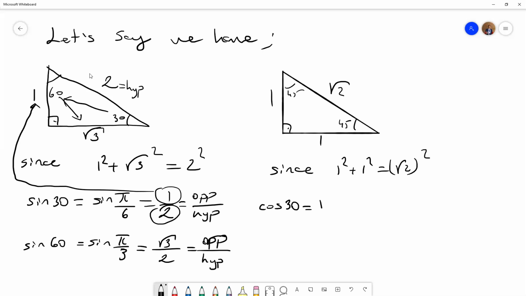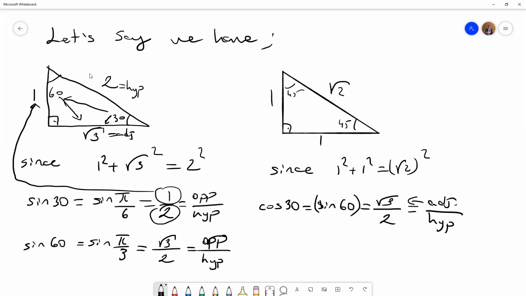It's again like sine 60 degrees, and it is square root 3 over 2 because the adjacent for 30 degrees is adjacent over hypotenuse.